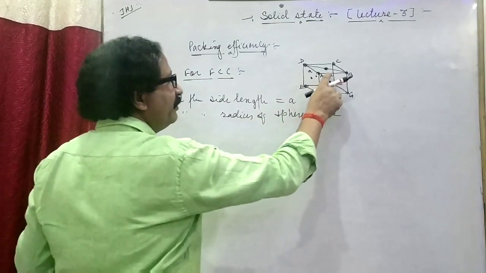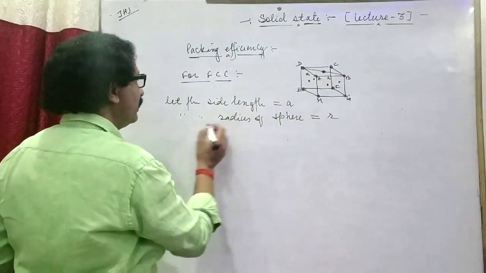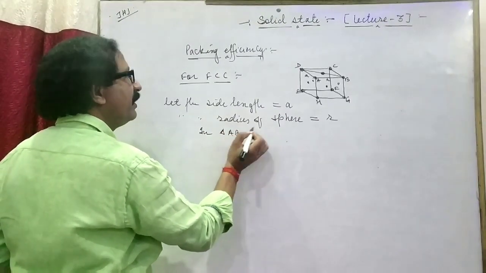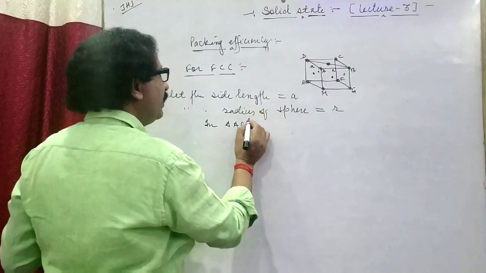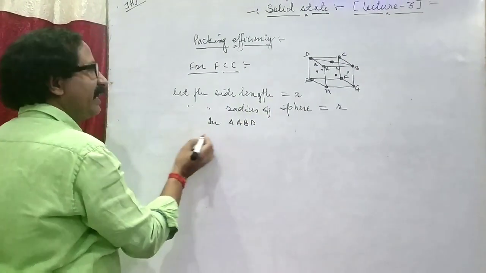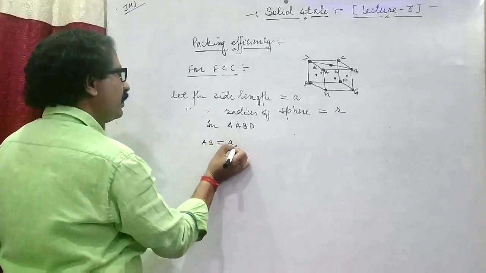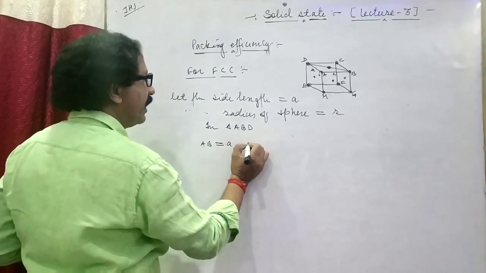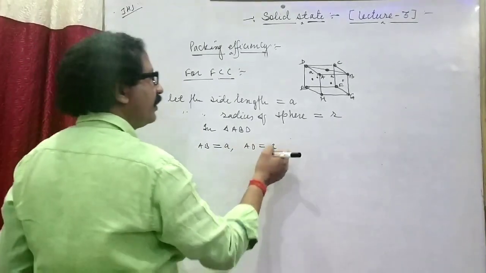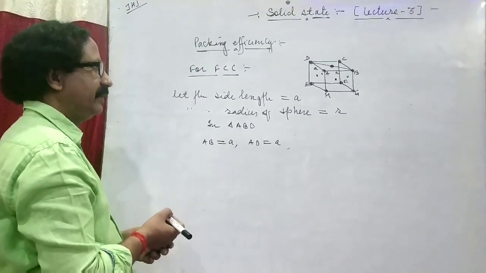In triangle ABD, AB is equal to A, AD is equal to A, and what is the dimension of BD?